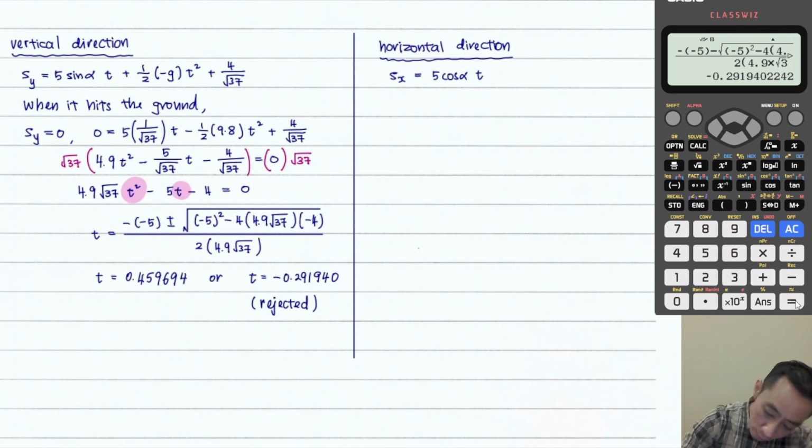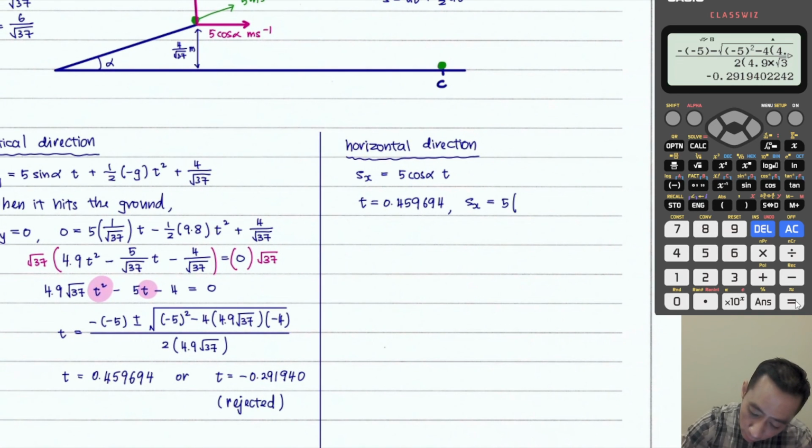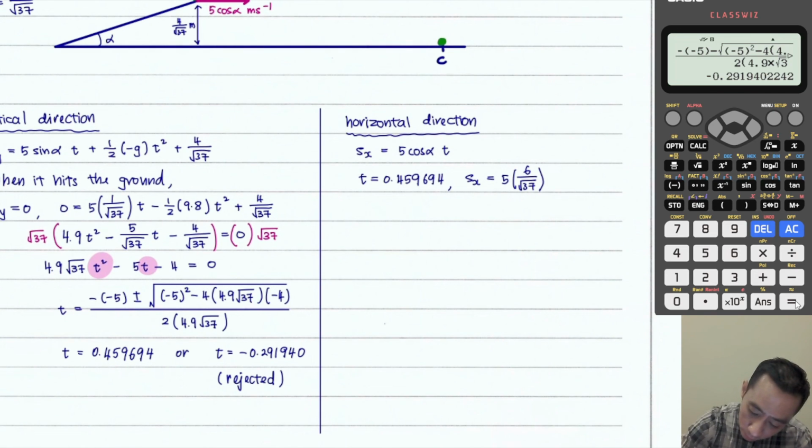Let's see here. We want to know when it hits the ground, so t is 0.459694. So the horizontal distance Sx equals 5 times cosine alpha, which is 6 over square root of 37, times t, and I substitute 0.459694.